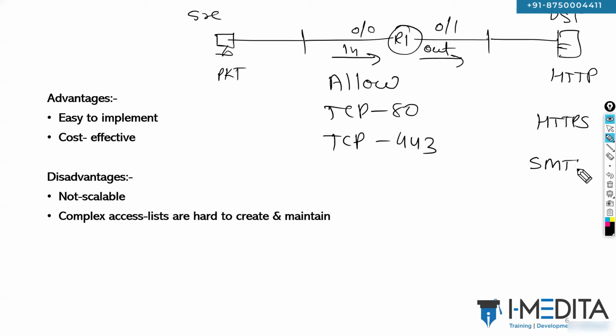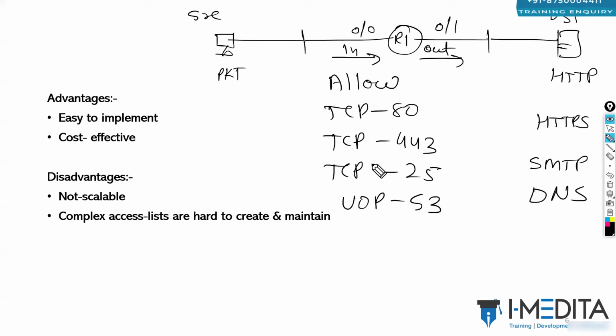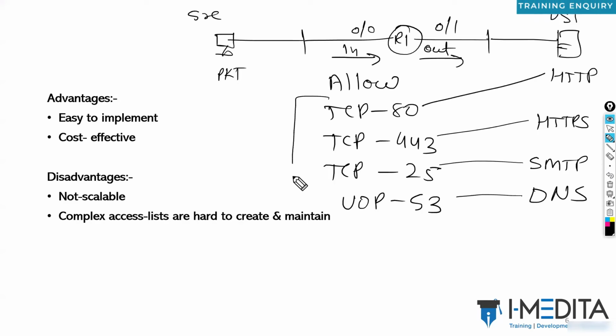If the server is SMTP, we need to allow TCP port number 25. If this server is DNS, we need to allow UDP port number 53. If you know the port number of your application, then we can say the implementation of access list is easy. But remember, it will be easy only if you know the ports. If you don't know the ports, then it will be complex.